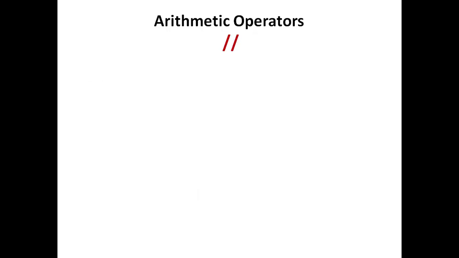Floor division operator or truncative division operator. So this double sign is a new operator. If you are coming from a C or C++ background, this is a new kind of operator which has the symbol of two slashes. This is called truncative division or floor division operator.